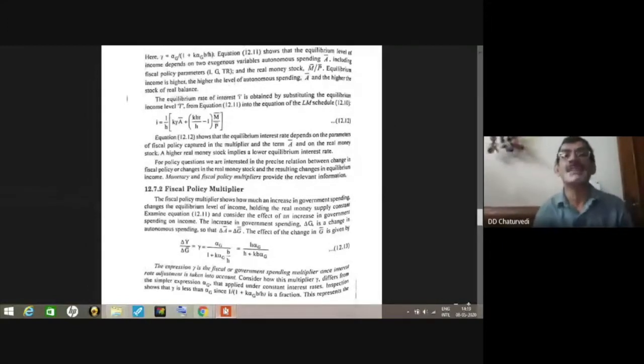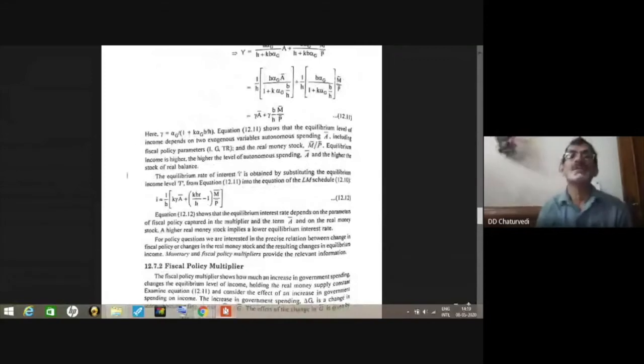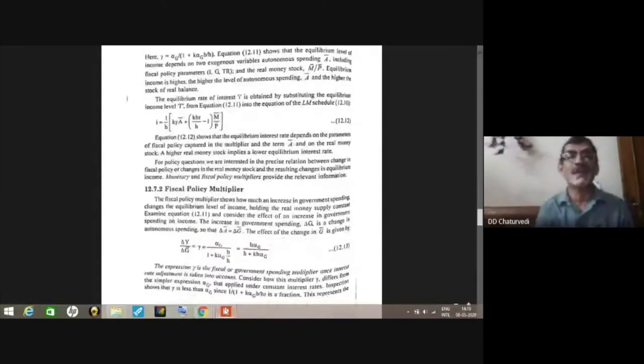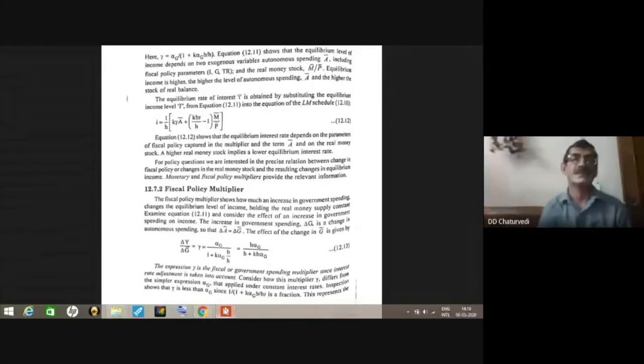Here delta G bar is nothing but the autonomous expenditure given by A bar. So if you differentiate 12.11 partially with respect to A bar or G bar, the derivative will be gamma. And this gamma is equal to alpha G divided by 1 plus K alpha G into B by H. We have already explained this on this very page at the top.